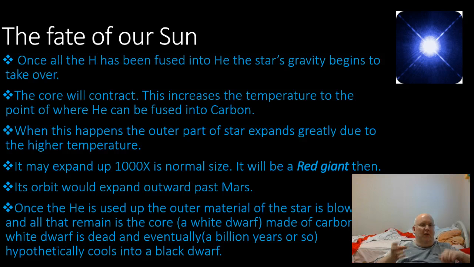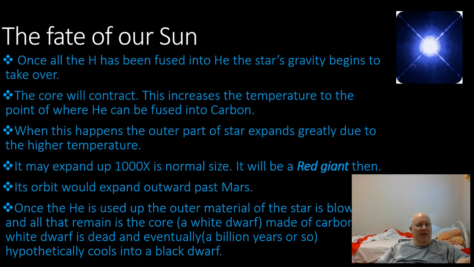So what happens is the core remains as carbon, and this star is no longer producing energy, but it's still very, very hot, and it's called a white dwarf. But it's not doing fusion. It's just a white dwarf in space that very slowly, measured in billions of years, cools down.